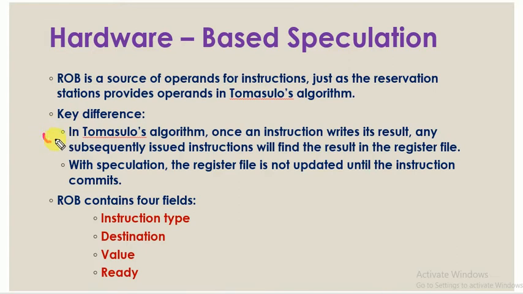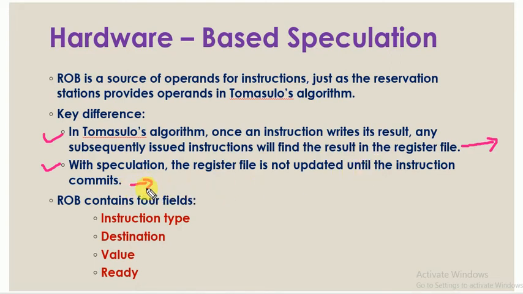First, in Tomasulo algorithm, once an instruction writes its result, any subsequently issued instructions will find the result in the register file. So it will get the results from the register file in the case of the Tomasulo approach. But with speculation the register file is not updated until the instruction commits.